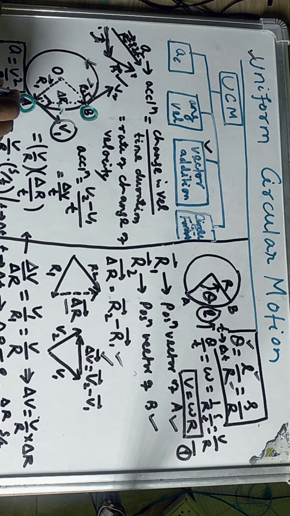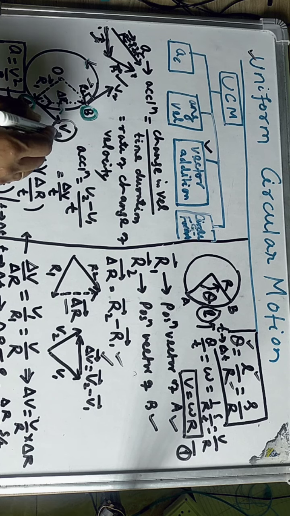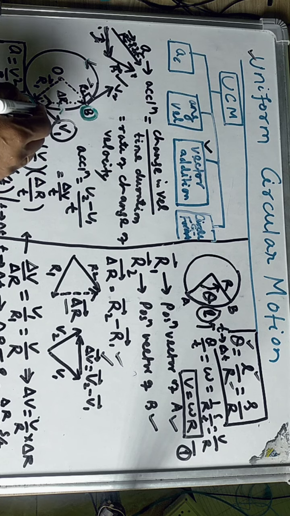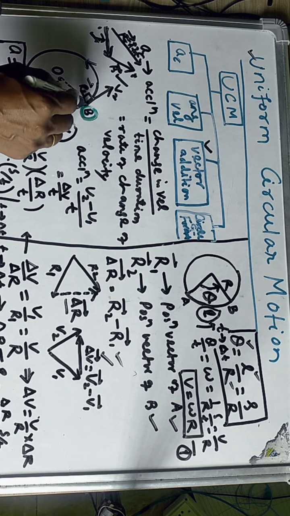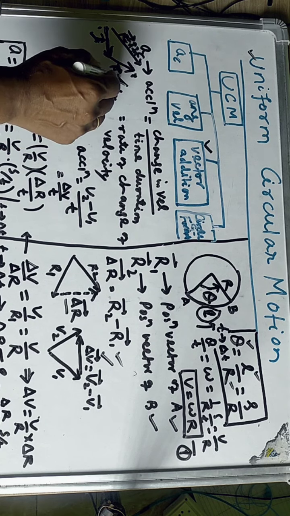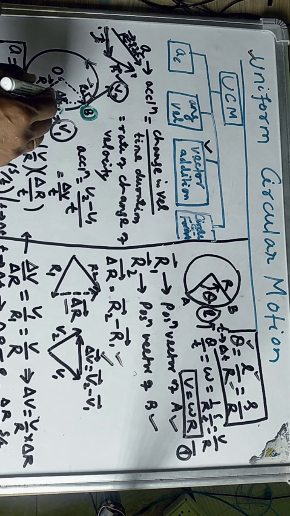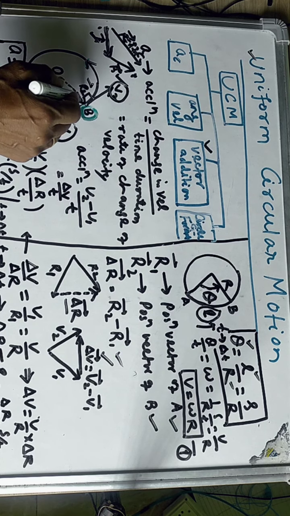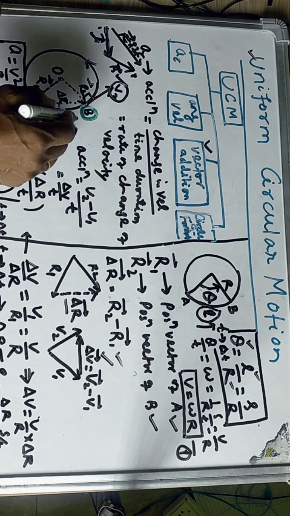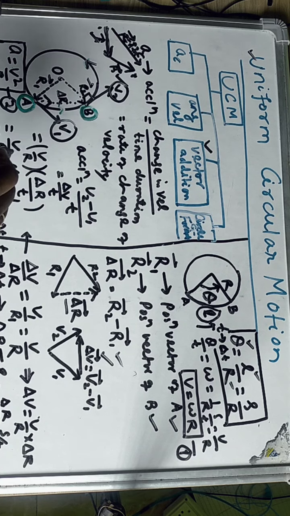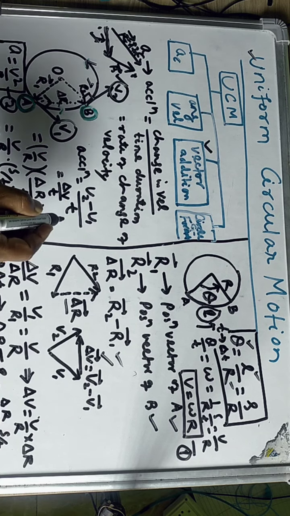At position A, the object has velocity v1 and its direction is tangent to the circle at point A. At point B, the direction of velocity of the same object is tangent to the circle at point B, and both have different directions. Hence, direction changed. Due to the change in direction, velocity also changed.